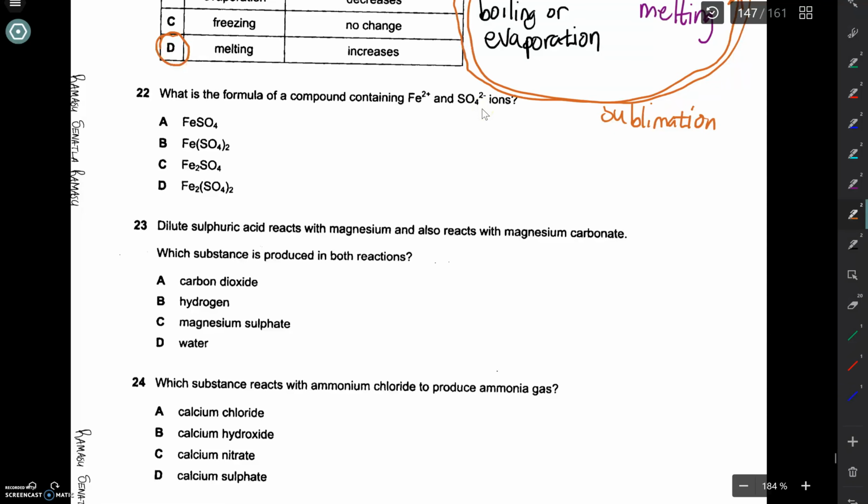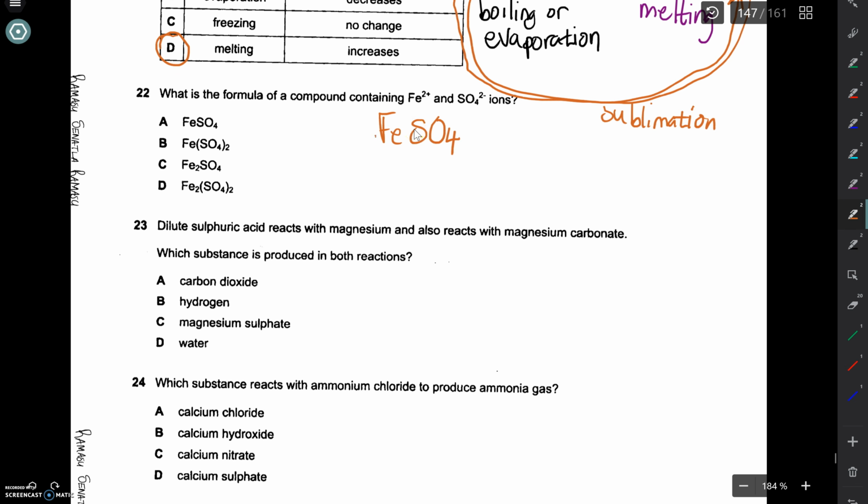Because iron 2 plus has a charge of 2 plus, and the sulfate ion has a charge of 2 minus, this compound will simply be FeSO4, because they can combine to cancel their charges out.